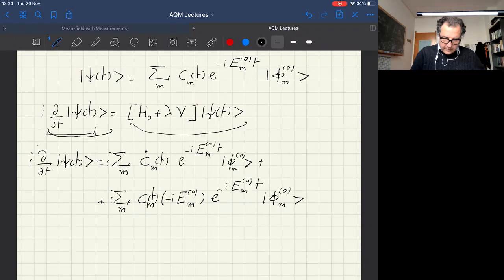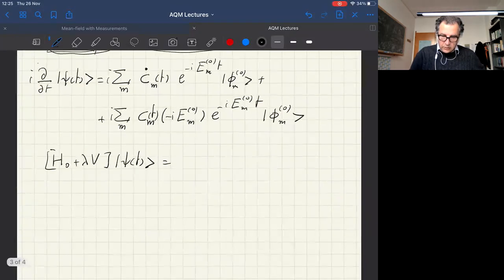Then I have h0 plus lambda v applied to psi of t. This is equal to what?